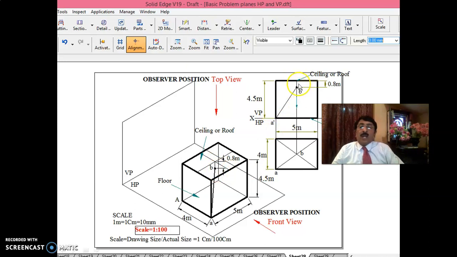In the same way, if the fan motor is hanging 2 meters below the roof, you take B dash as 2 centimeters. B dash will change, but B will remain the same.